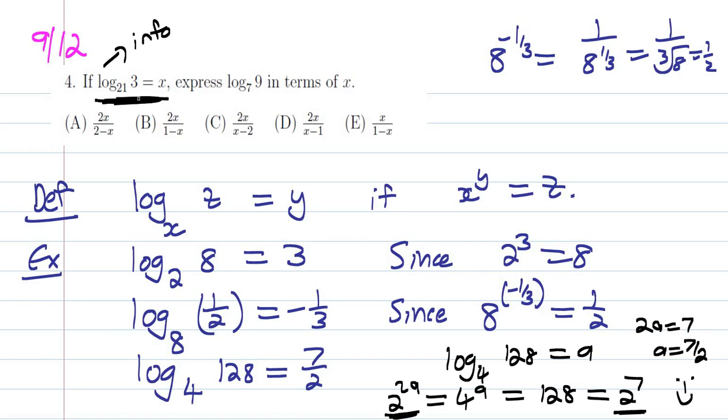So rewriting this without log, what information do we get from this? What to what power is equal to what? So apply the definition. Do you guys agree with Takura? So 21 to the power x is equal to 3.